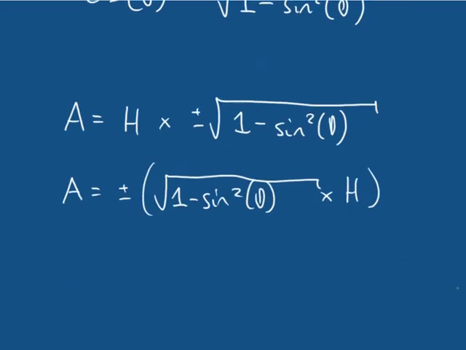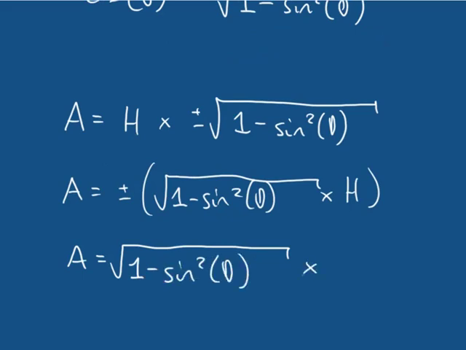Interestingly, we're dealing here with the length of an edge. We've already discussed back in volume 1, when we're dealing with plus or minus roots, that if we're dealing with a length of an edge, we only need the positive value because we don't have a negative length. We only ever have a positive length. So we can say that our adjacent is simply equal to the square root of 1 minus sine squared theta multiplied by our hypotenuse.